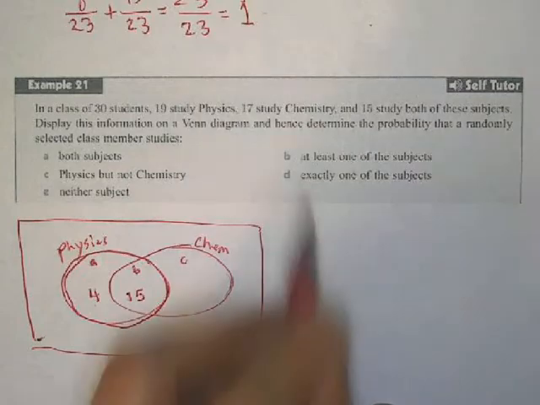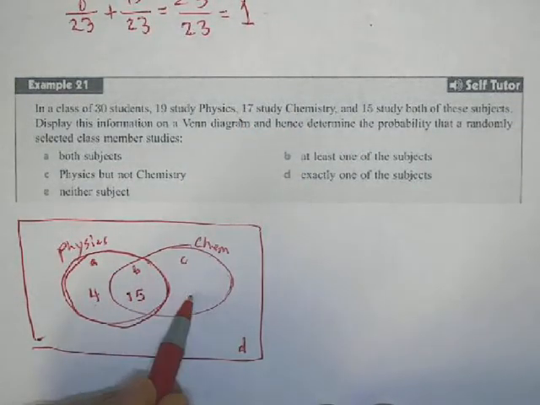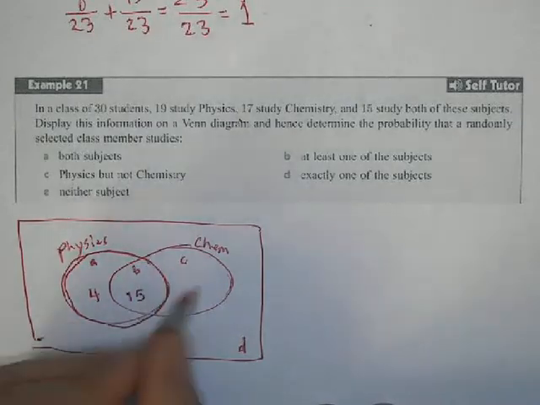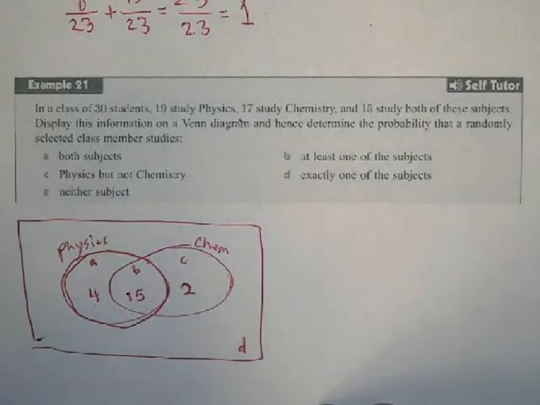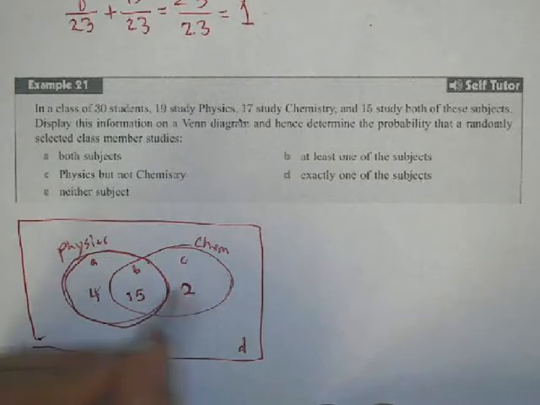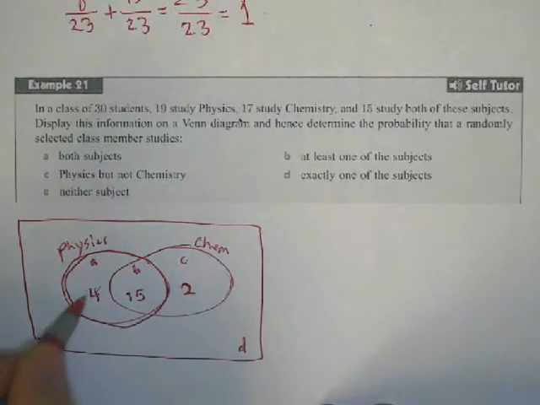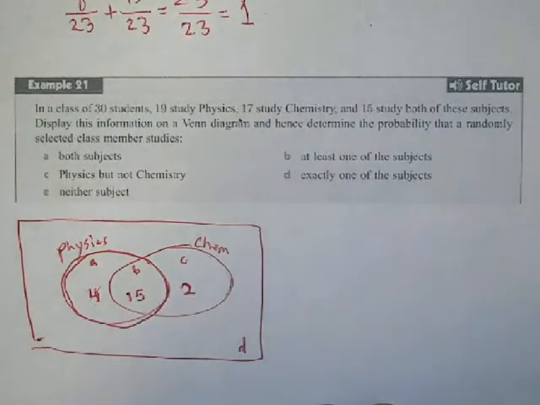Now, if 17 students take chemistry, if this is 15, what has to go in here? You are right, that's supposed to be 2, because 2 plus 15 adds up to 17. So many students I see writing 19 here and 17 here, and you have to notice that the 4 plus the 15 adds up to 19, and the 2 plus the 15 adds up to 17.